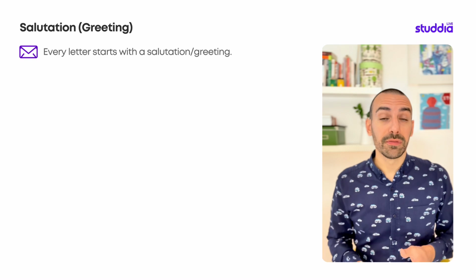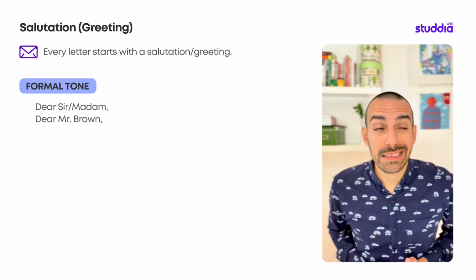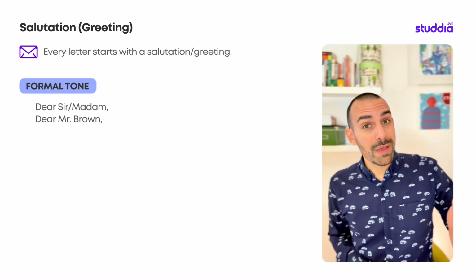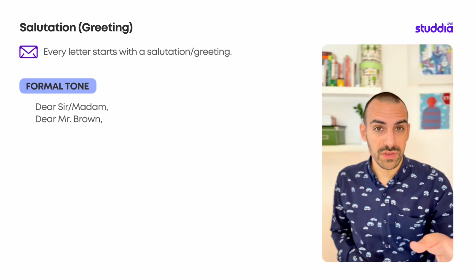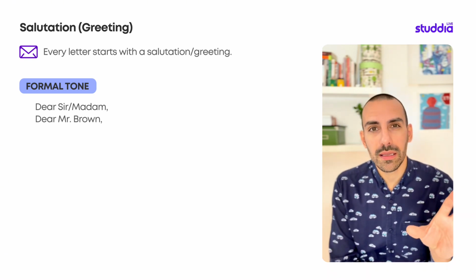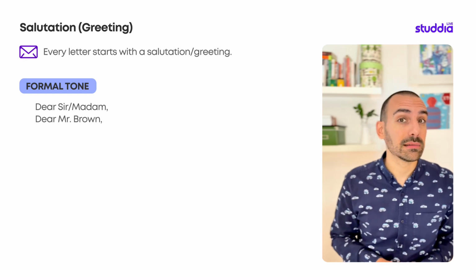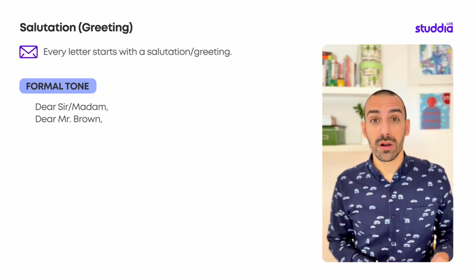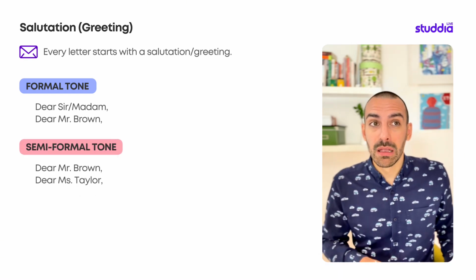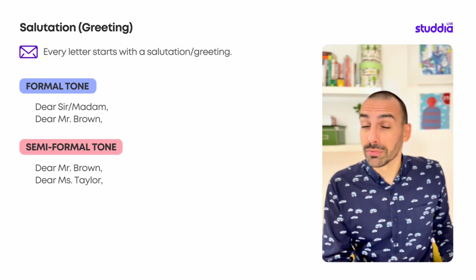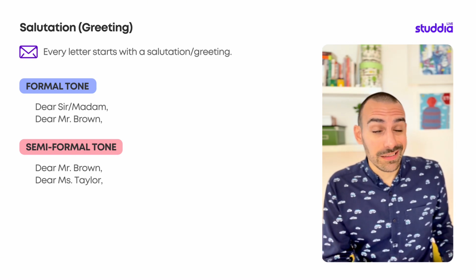So for a formal letter, write "Dear Sir or Madam," if you don't know the person's name, or "Dear Mr. Brown" if the task gives you the title and the surname. For a semi-formal letter, write "Dear Mr. Brown" or "Dear Miss Taylor."